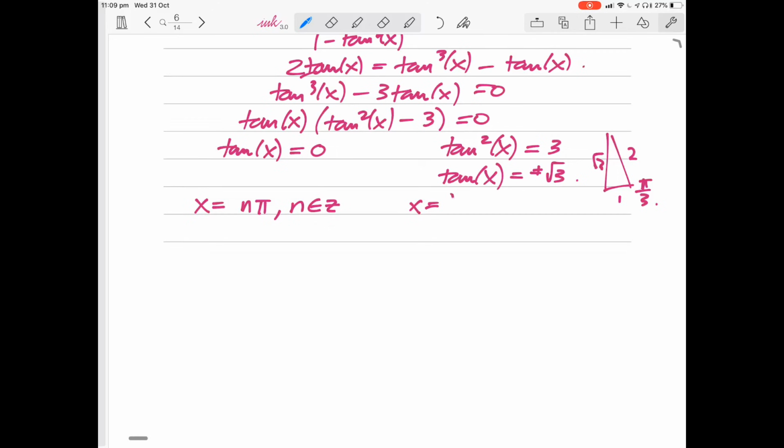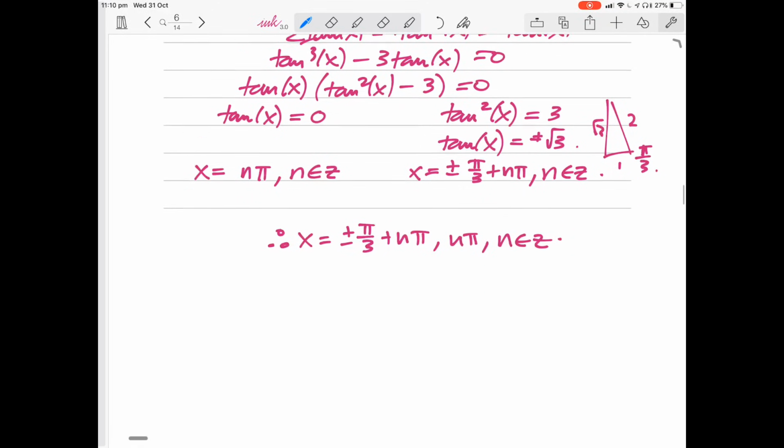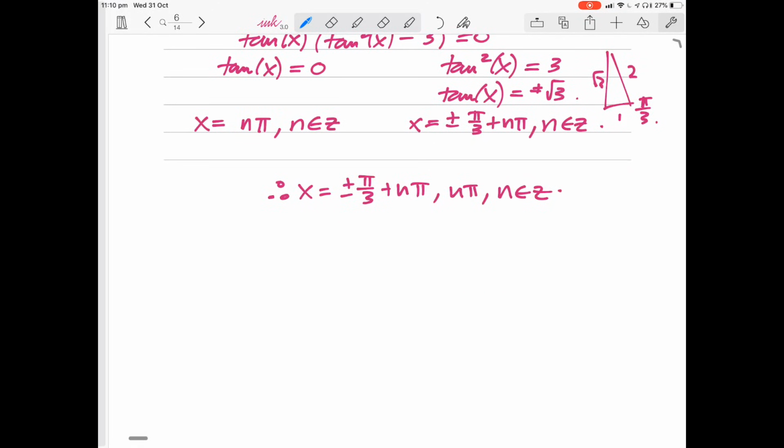So x equals plus or minus pi on 3 plus n pi, n is an element of z. So therefore, x equals plus or minus pi on 3 plus n pi, or n pi, n is an element of z. So that's all of our solutions.